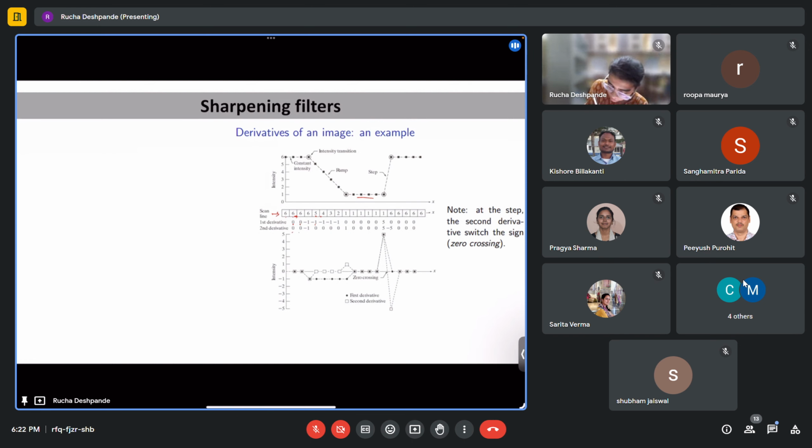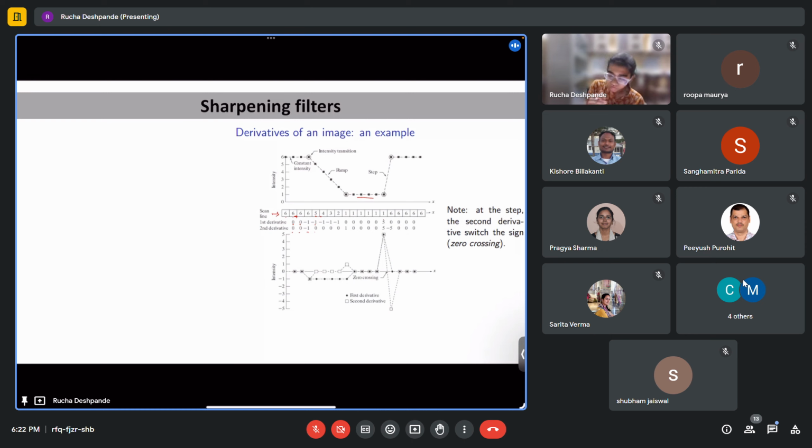Here from 0 to 0, it's 0, then here it's -1, then -1 to -1 is 0 again, and so on. Here the change is from 5 to 0, and in the second derivative it would be 5 to -5.